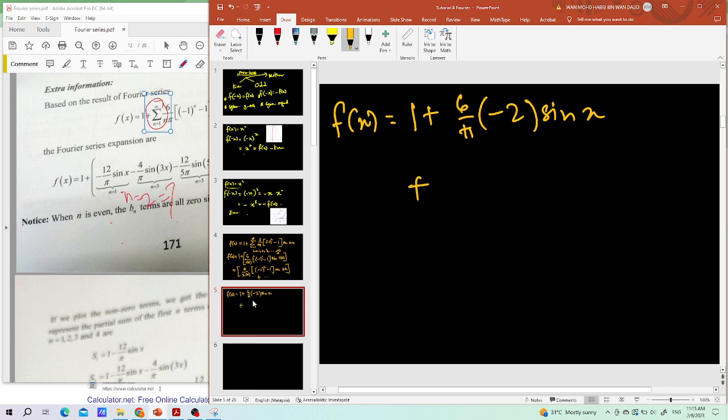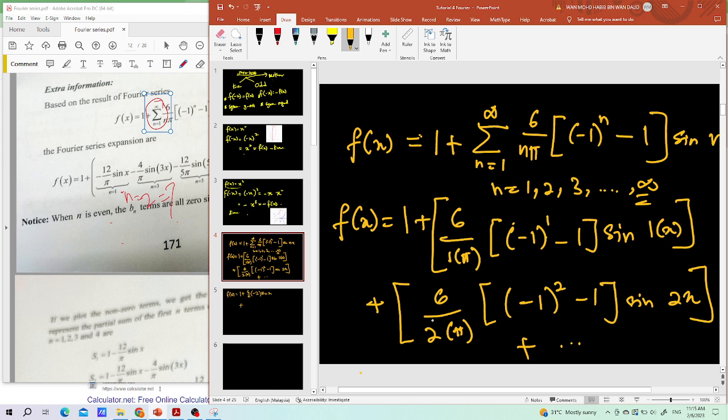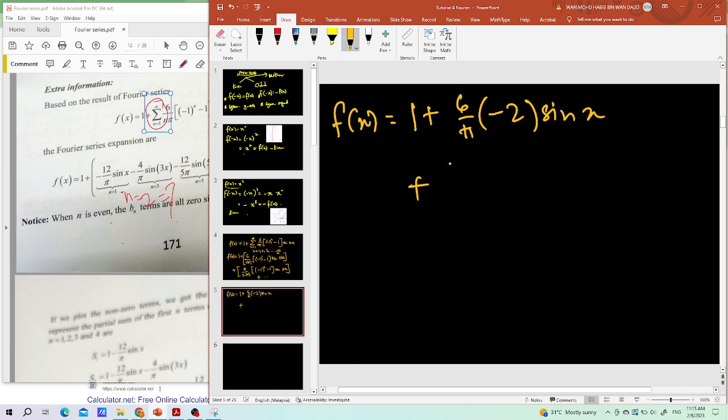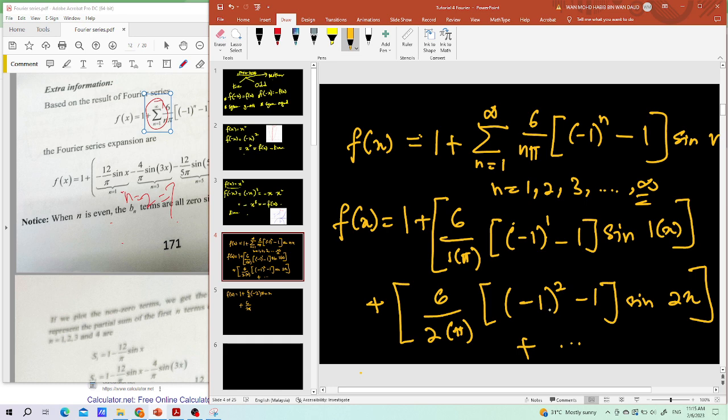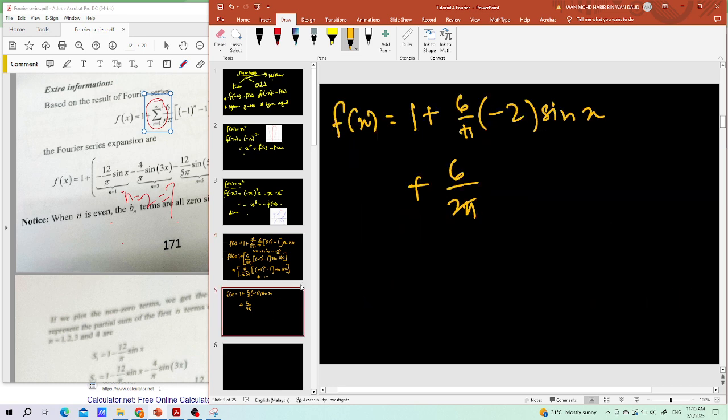Plus we have this 6 over 2 pi, and then (1 minus 1), so you will get 0 times sine 2x.